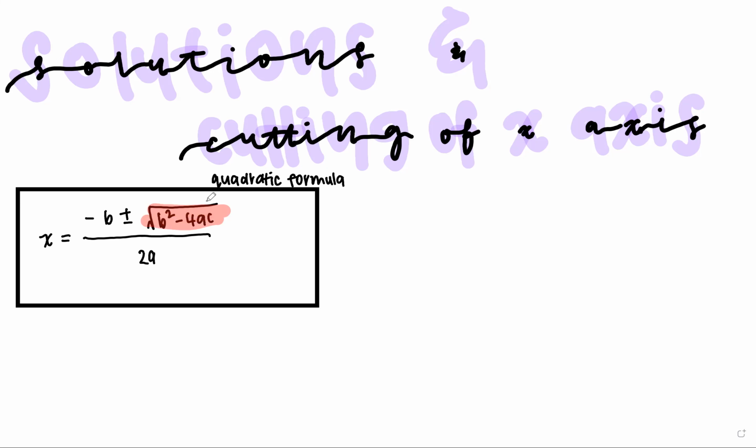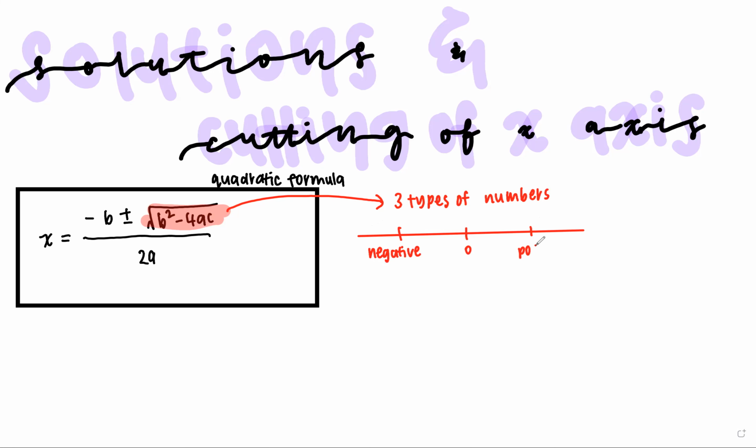Now, whenever you square root, you can only square root 3 types of numbers. Don't copy, listen first. What do I mean by you can only square root 3 types of numbers? You can only square root a negative number, or a 0, or a positive number.